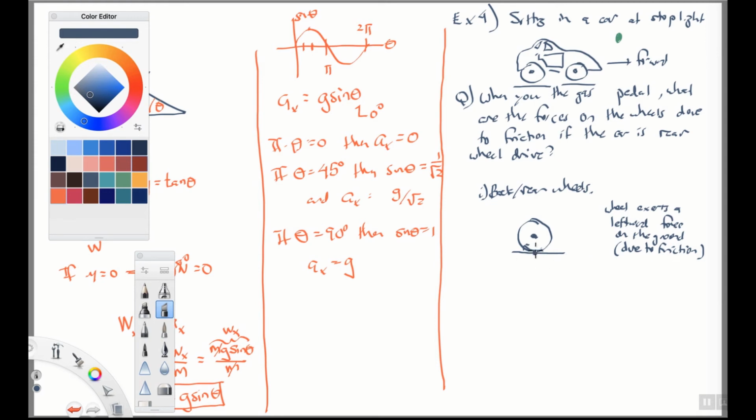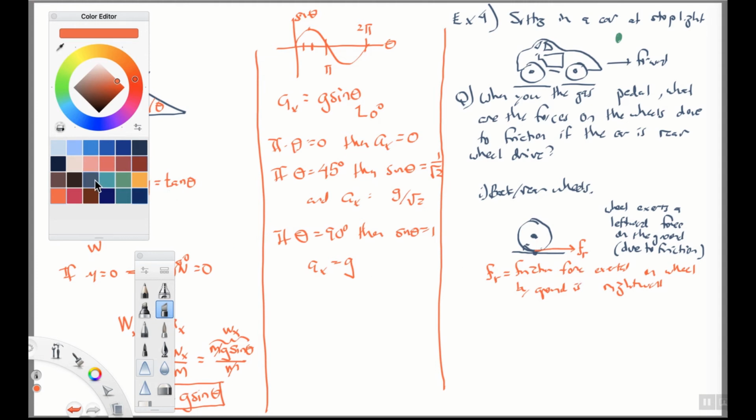That would be the equal and opposite force exerted by the ground on the wheel. So the friction force exerted on the rear wheel by the ground is rightward. The ground is in fact trying to push the wheel to the right.